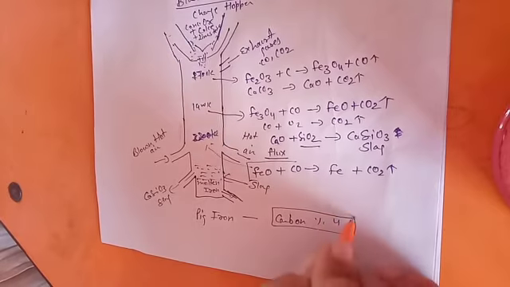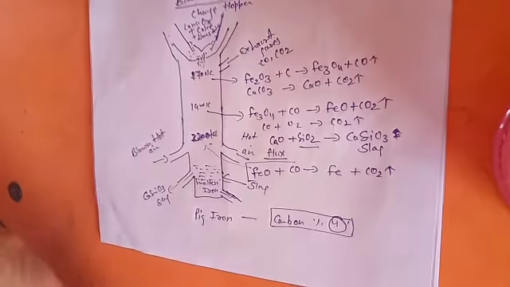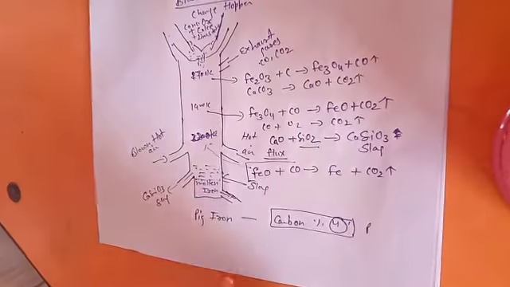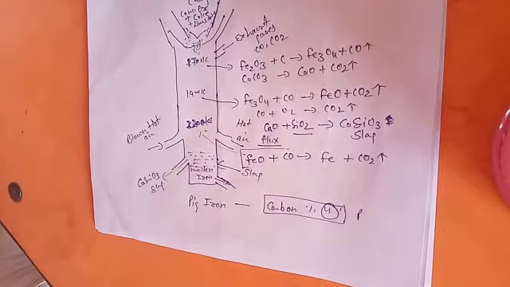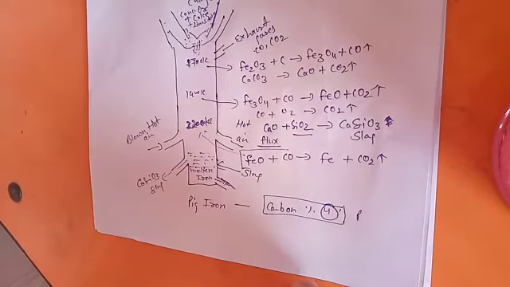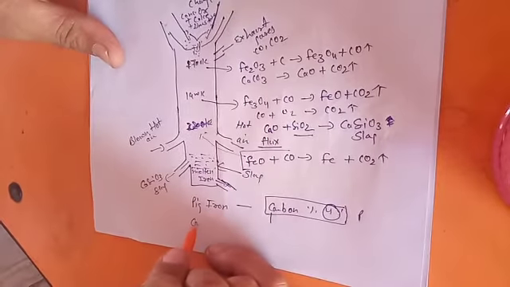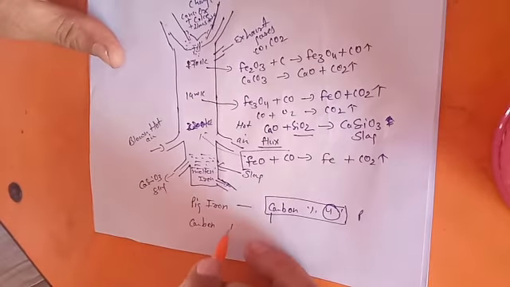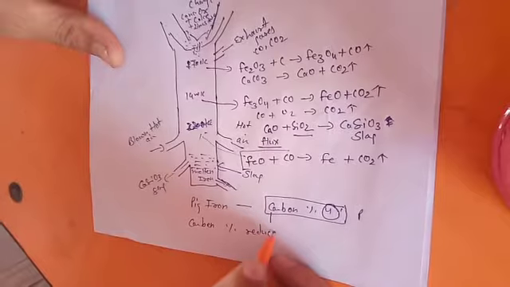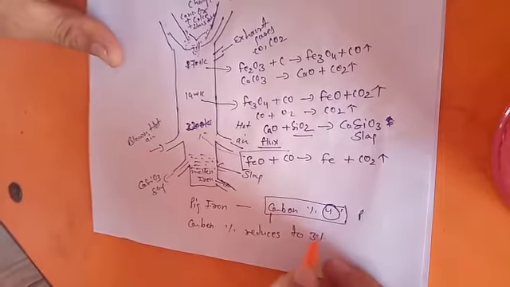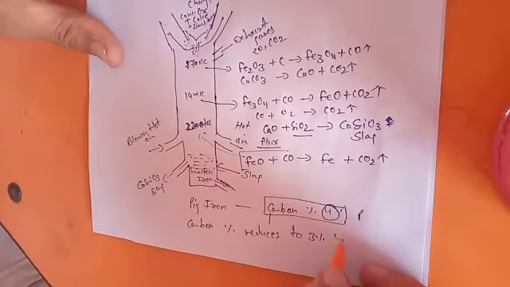It is easy to make different shapes from pig iron. Now if we reduce the carbon percentage to 3%, it is known as cast iron.